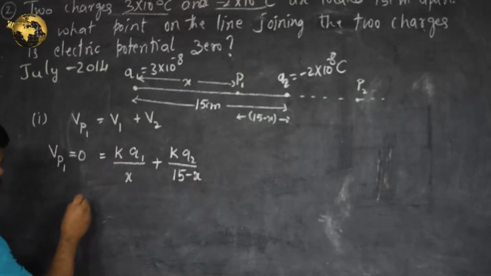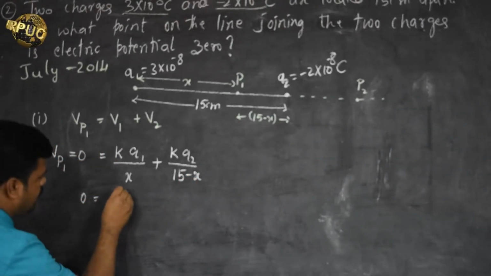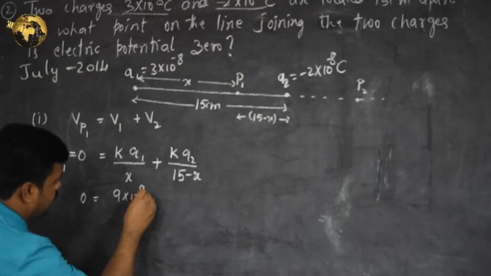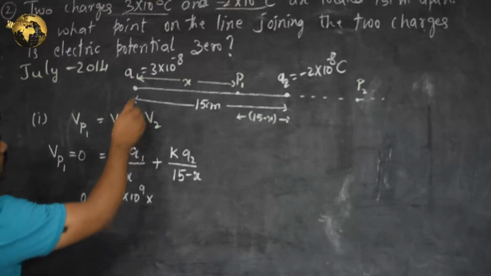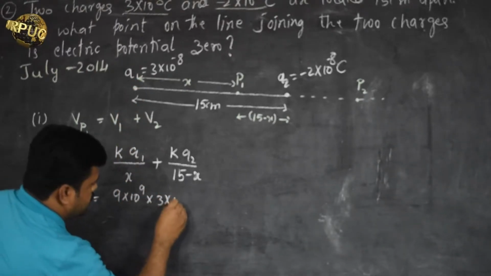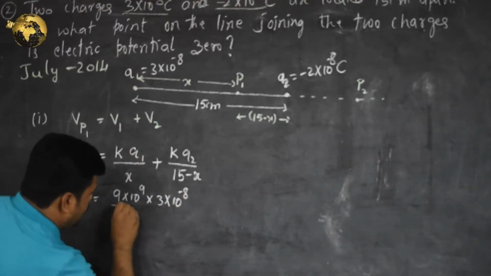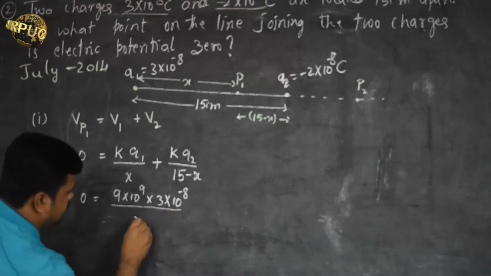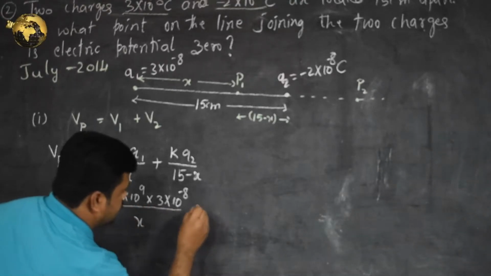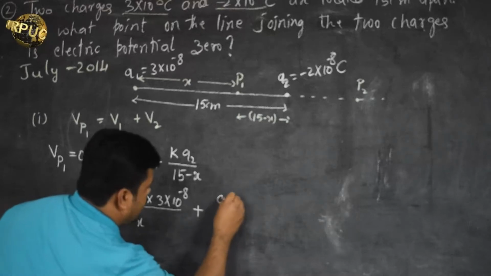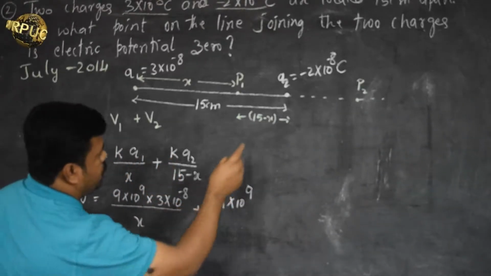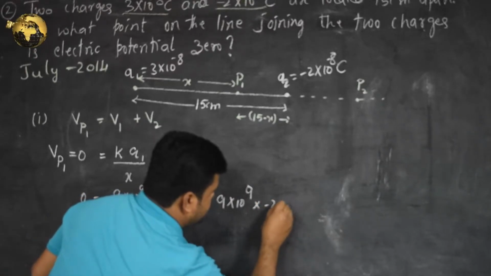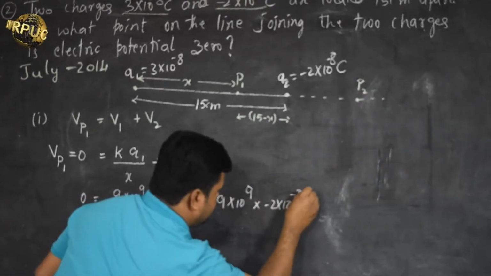So let's substitute the values. 9 into 10 to the power 9, Q1 is 3 into 10 to the power minus 8, whole divided by x as it is, plus k, 9 into 10 to the power 9, Q2, that is minus 2 into 10 to the power minus 8.